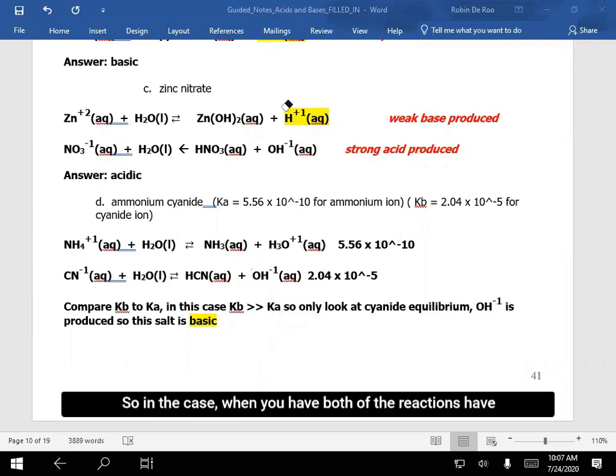So in the case when both of the reactions have an equilibrium, you will have to be given the values and you choose the one that is larger.